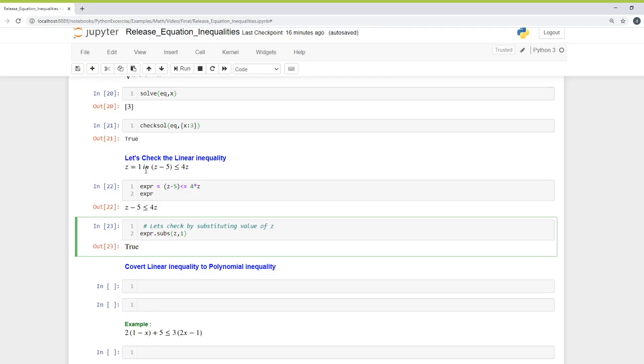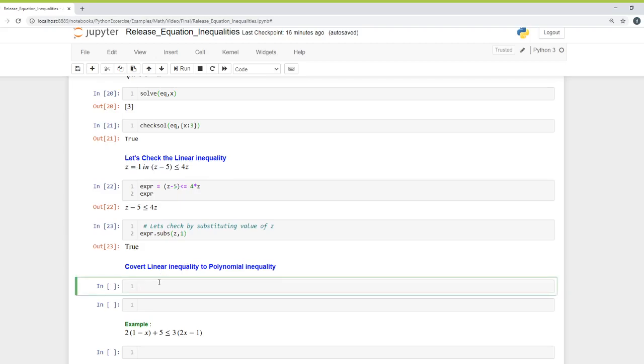The next thing is linear inequality. What is linear inequality? This is our linear inequality. Now if we want all the solutions for this linear inequality, first we will turn it into a polynomial inequality. Polynomial inequality means the right hand side will be 0.